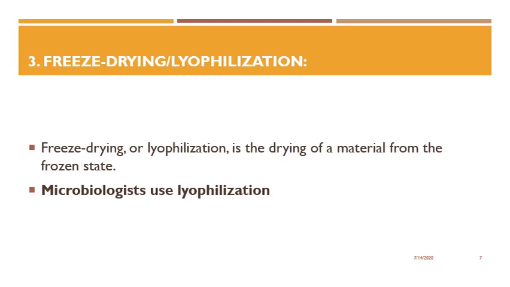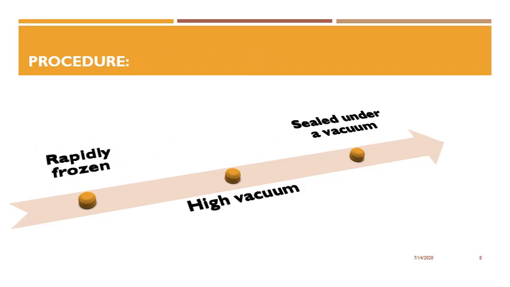If we discuss the procedure, what will we do? First of all, the organisms in vials are rapidly frozen in the presence of alcohol and dry ice or in liquid nitrogen.